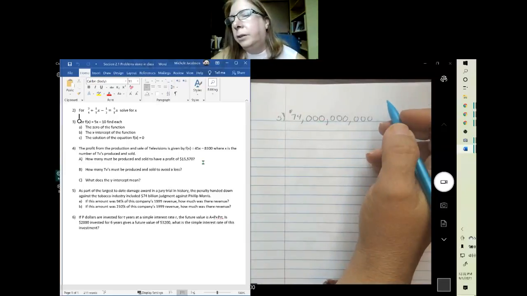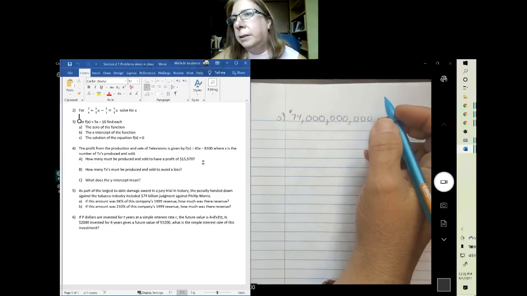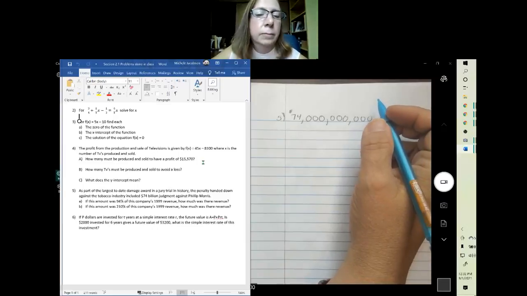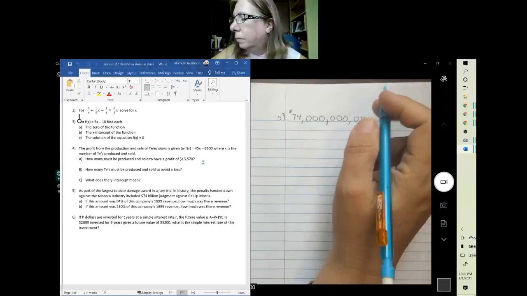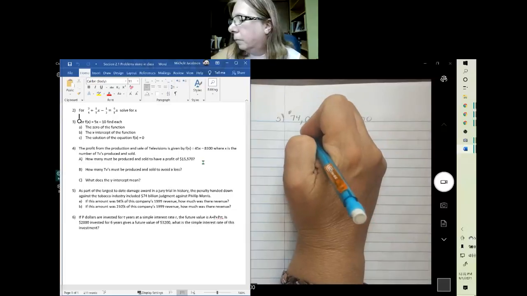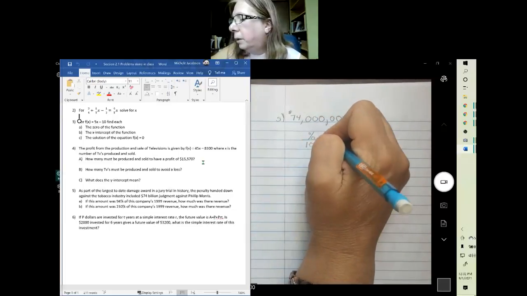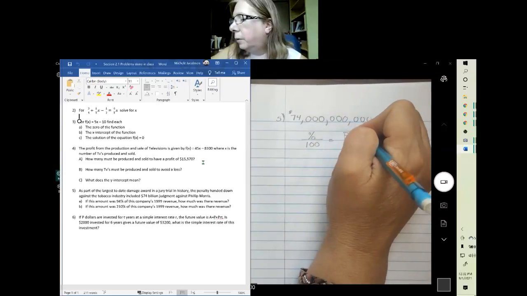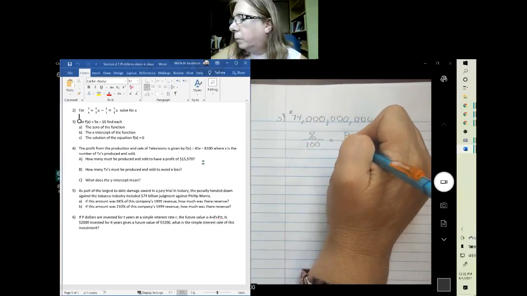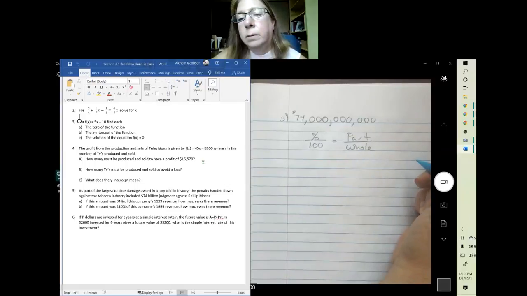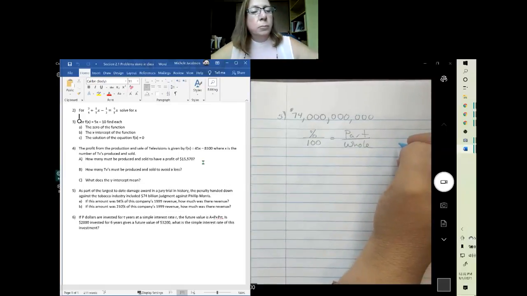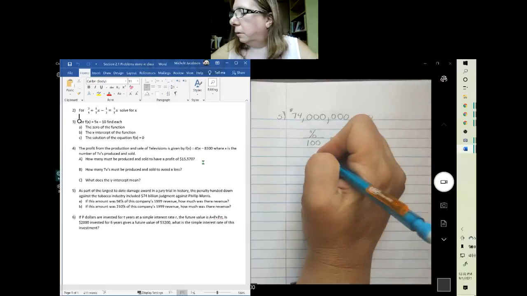There's a couple ways you could do your rates. You can do percents. Percent over 100 equals part over whole. And they said 94%.